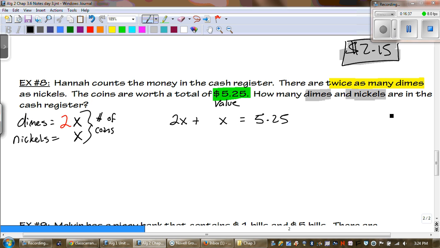Well, we know how much a dime is worth, right? A dime, which is our 2x, is worth 10 cents. And we know how much our nickel is worth. Our nickel is worth 0.05.